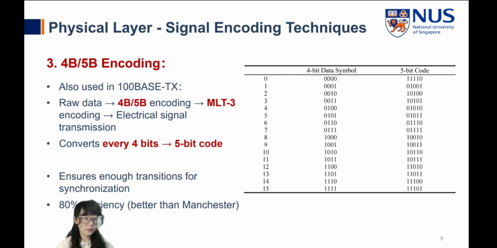These codes are designed so that there are enough transitions in the signal, which helps keep the timing correct when combined with MLT-3. It improves signal reliability and keeps the receiver in sync. The trade-off is some extra bits, but it's more efficient than Manchester, with about 80% coding efficiency.